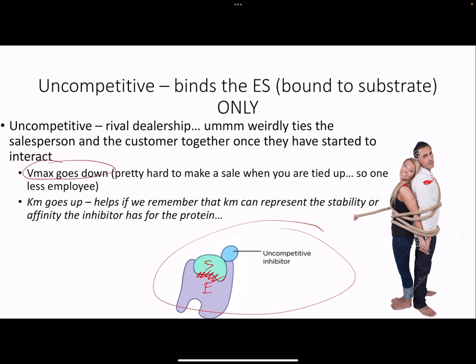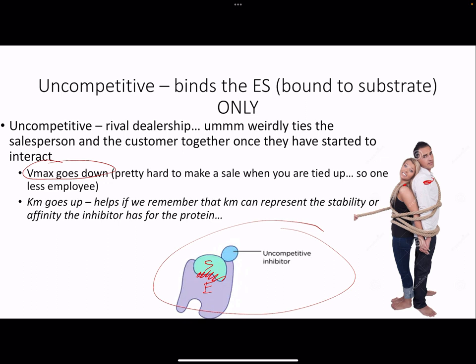So your Vmax is going to go down. You can also just think of it as like you're taking an employee out of commission. They can't do their job. So if you look, Vmax is equal to K2 times the total concentration of enzyme. We have less enzymes, and therefore we are going to have a lower Vmax. What's weird though, and remember we had so many different definitions of Km, is that your Km actually goes up, right?